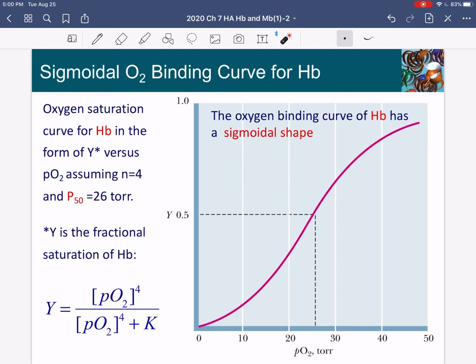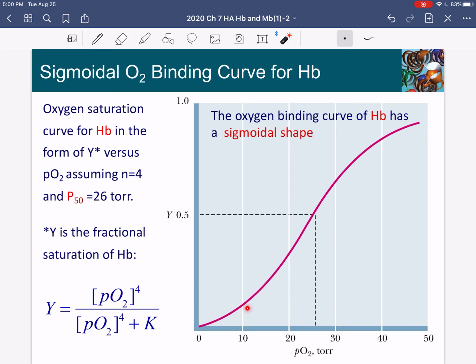By contrast, oxygen binding to hemoglobin has a sigmoidal shape or an S shape, and that means that it doesn't bind easily to oxygen until you get to higher concentrations, and then there's a switch over to the R state, which easily binds. Remember I said the T state has a low affinity.